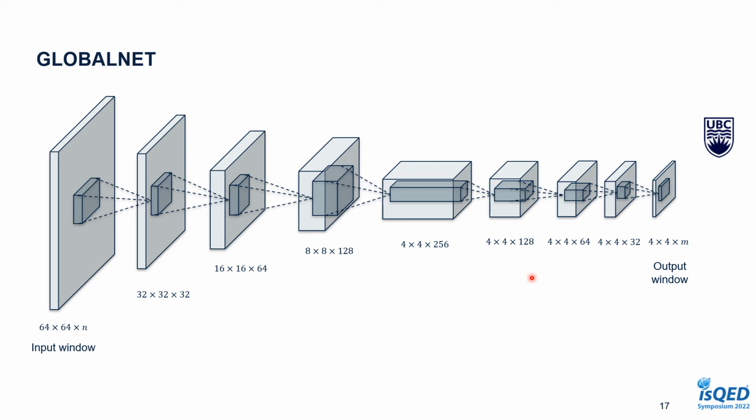However, FCN doesn't have to disarray the input, so it can keep the spatial information to the greatest extent. And intuitively, the congestion of our output window is highly related to its surrounding tiles. So that's why we need to keep the spatial information.